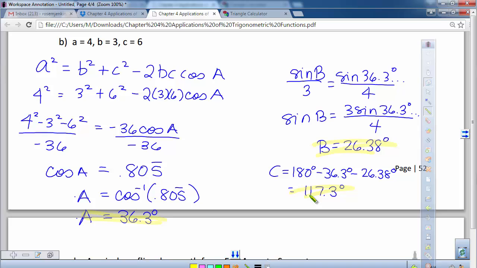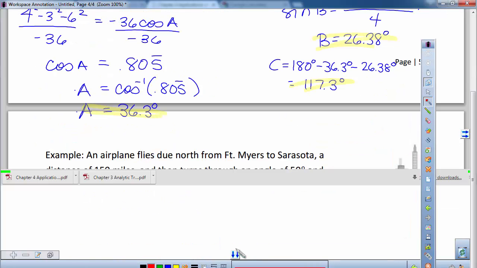Okay, but there was another possibility that comes from angle B when we use the law of sines, and we do have to consider that possibility. So again, I'll do this in a slightly different color, but we could have had an angle in quadrant 2 that has a reference of 26.38 degrees.